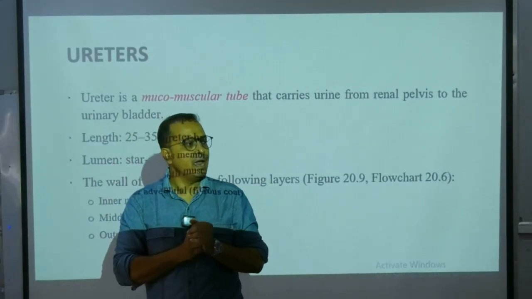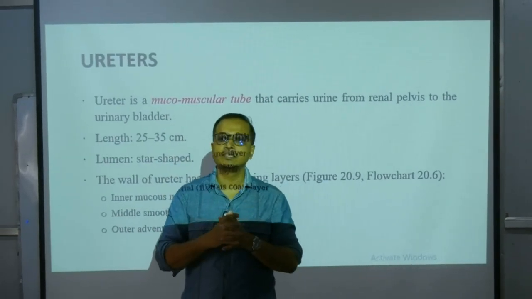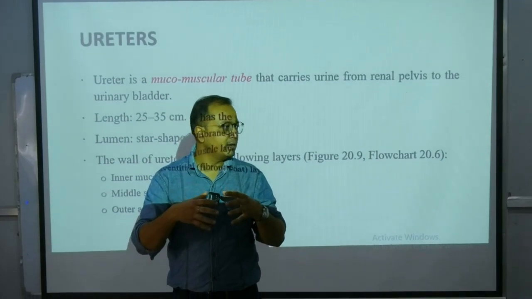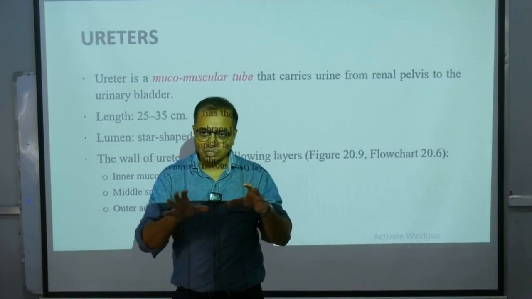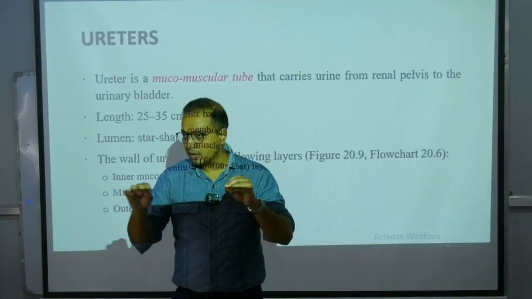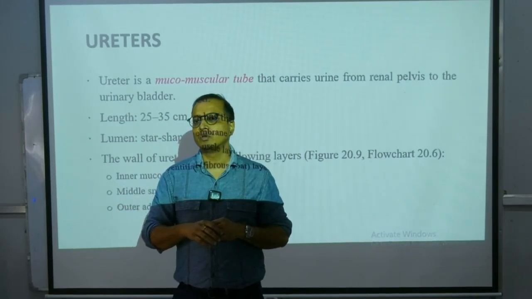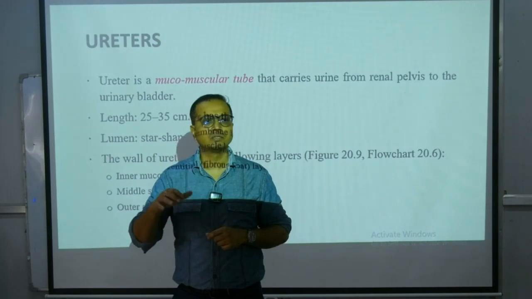If it is in an empty state, lying relaxed, we see more layers than when it gets distended or stretched out, when the cellularity also diminishes with the stretching. This kind of thing we call transitional epithelium.